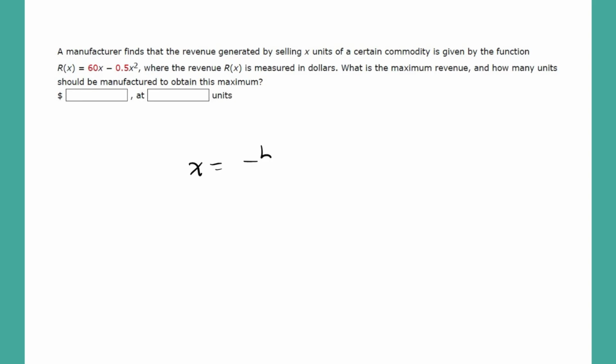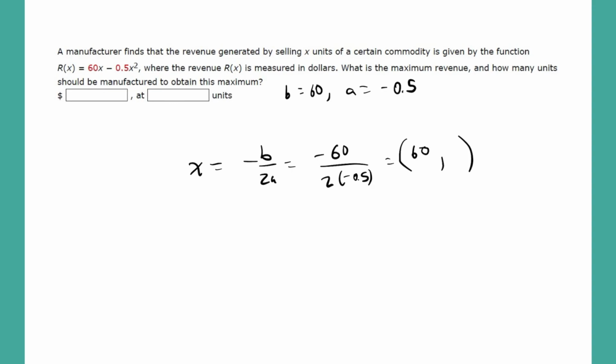So let's once again find the vertex. In this case, our b is 60, and our a is negative 0.5. So that's going to be negative 60 over 2 times negative 0.5, which is positive 60. All right, and now to get the y-coordinate, we'll plug that into the revenue function, which is going to be 60 times 60, minus 0.5 times 60 squared.